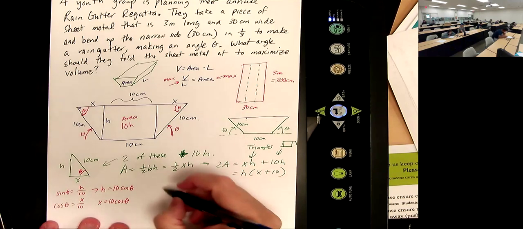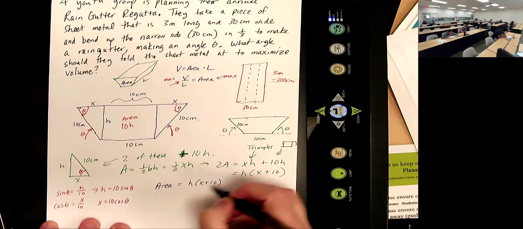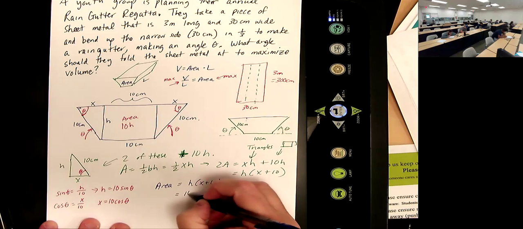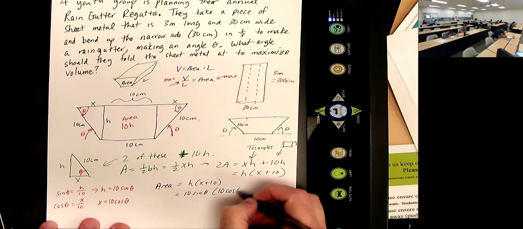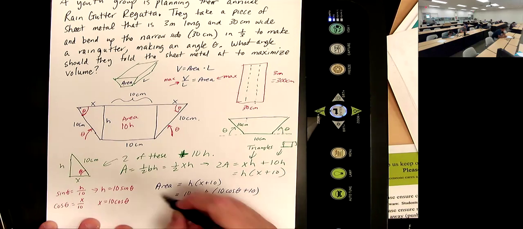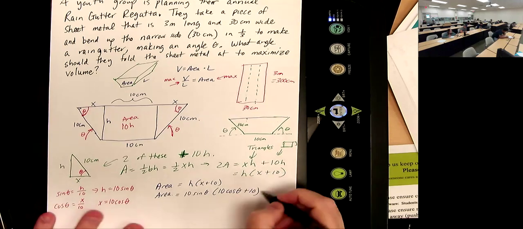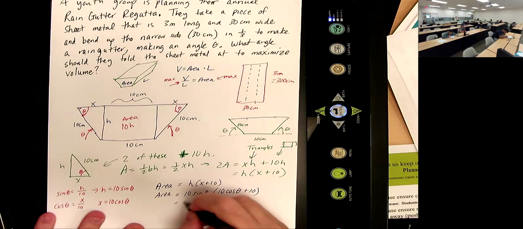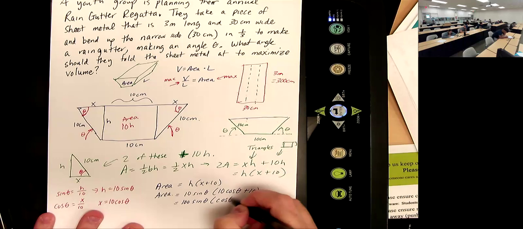So my area, H times X plus 10, is 10 sine theta times 10 cosine theta plus 10. I could factor out a 10 here and make this 100 sine theta times cosine theta plus 1.